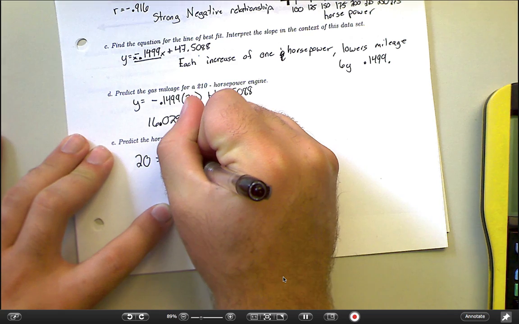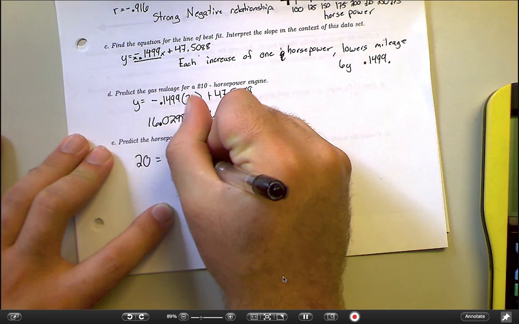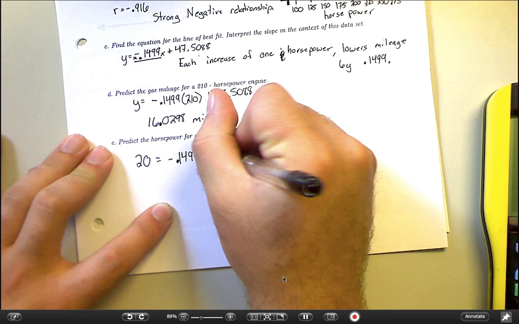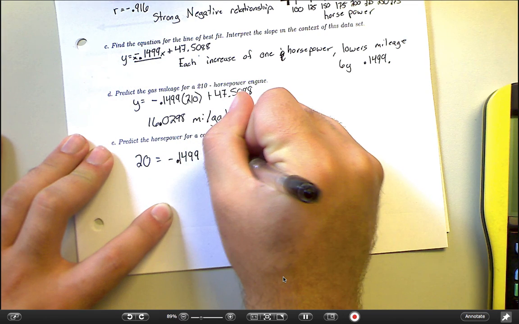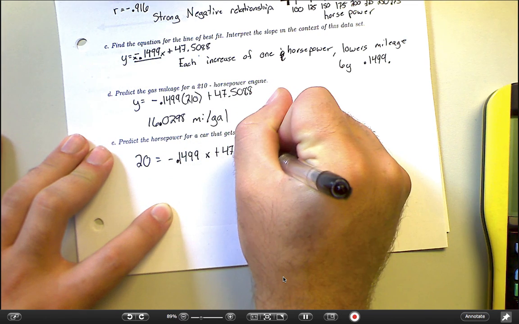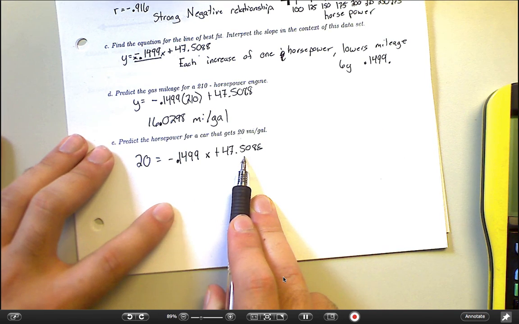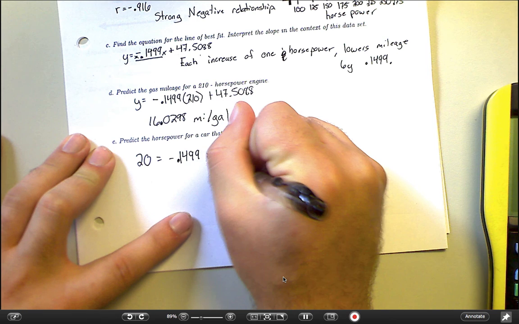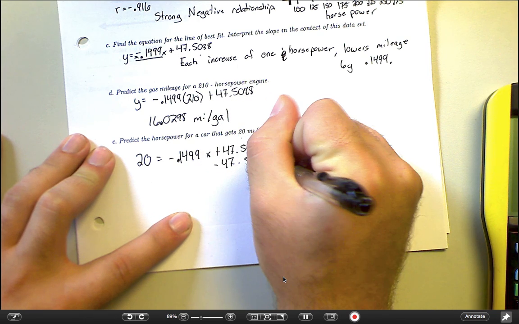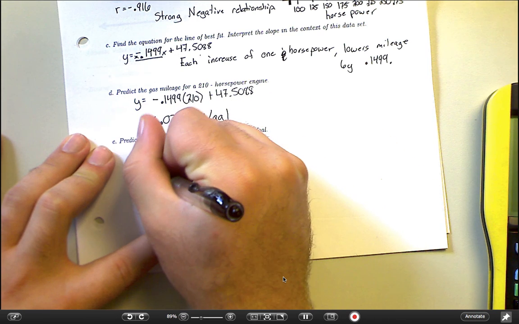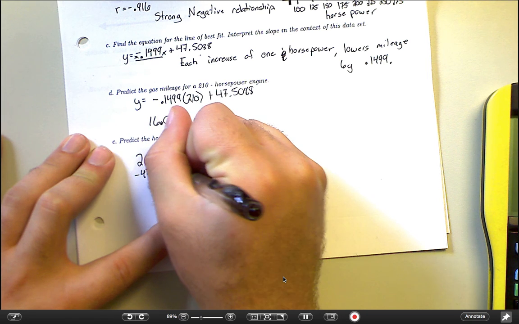And now, if I copy everything else down, plus 47.5088, I need to get X by itself. To do that, I need to get rid of our Y-intercept here, so I'm going to subtract the 47.5088 minus 47.5088.